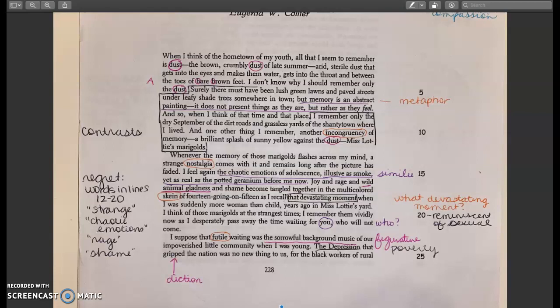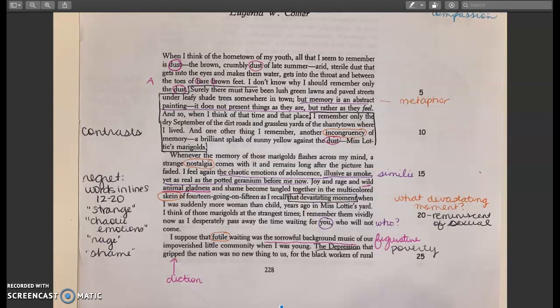Where I have started annotating, you have a metaphor really early on, in that first paragraph. She describes memory as an abstract painting, which I think is a really beautiful way to describe the elusive mental images that we all have.